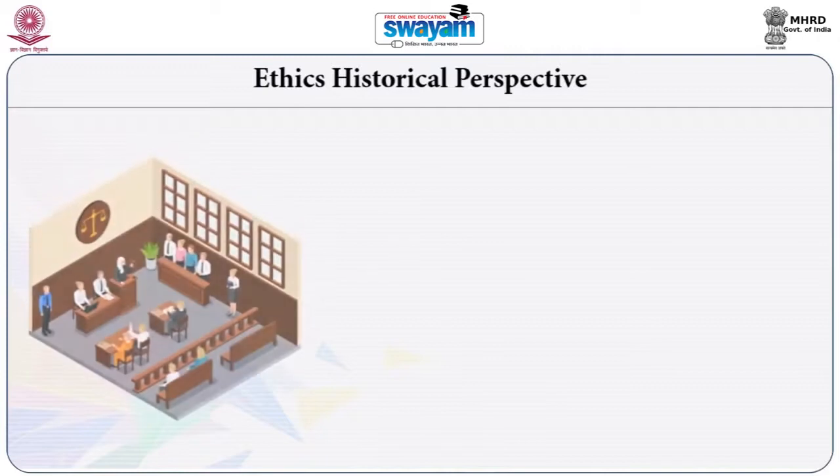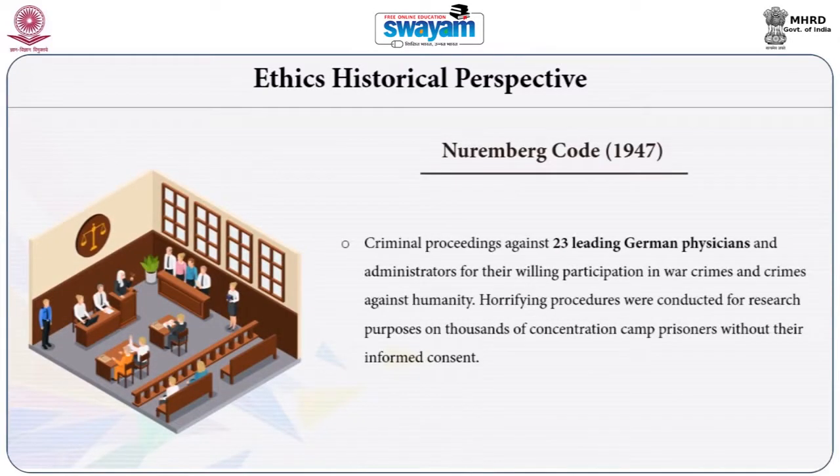Now let us look into the history of research ethics, referring to some major developments. The Second World War is considered the most important landmark, mainly accounting for the scientific medical experiments conducted on prisoners of war in the concentration camps.